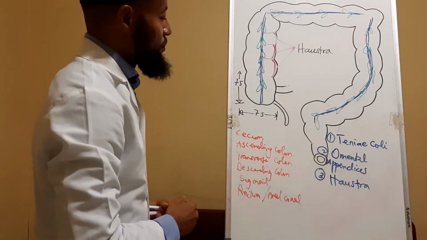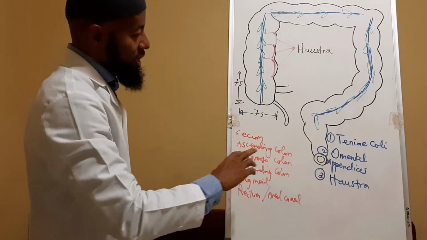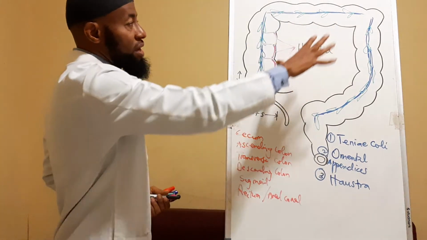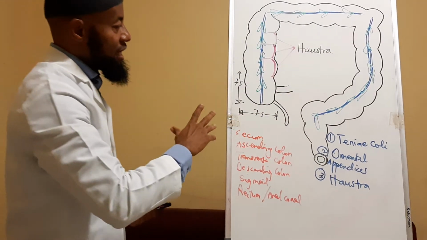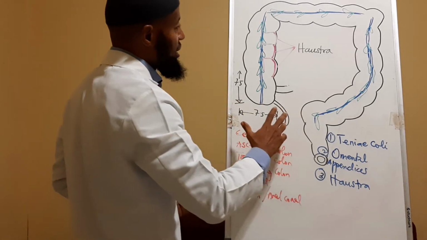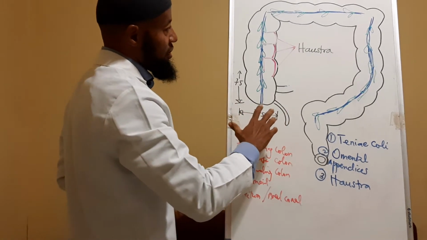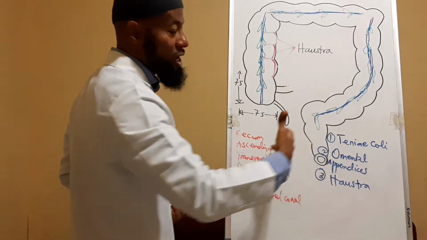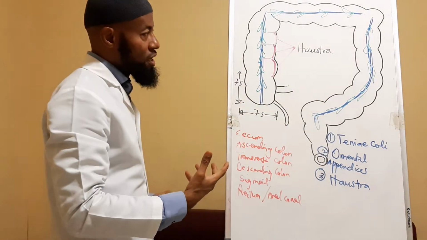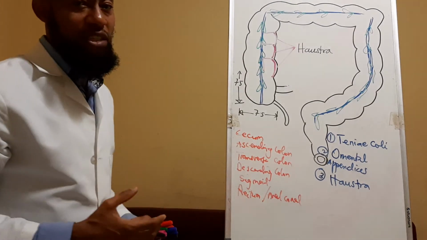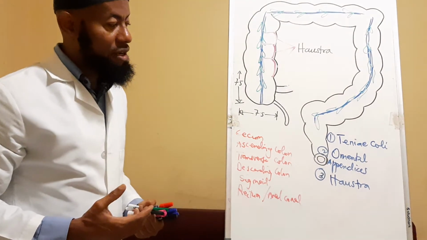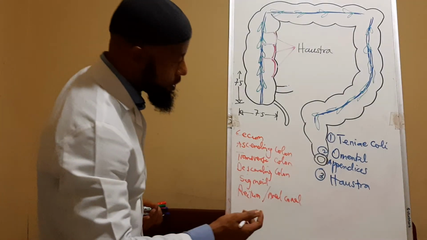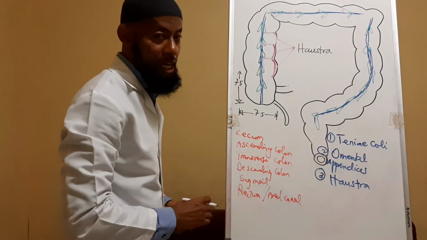All right? Now, there are 3 types of taenia coli. Right here, we can see it's clear. There is this taenia coli that the transverse mesocolon and sigmoid mesocolon attach to. So they are called the mesocolic taenia. So there are 3 types of taenia coli.